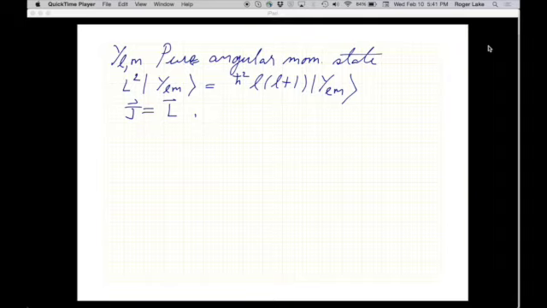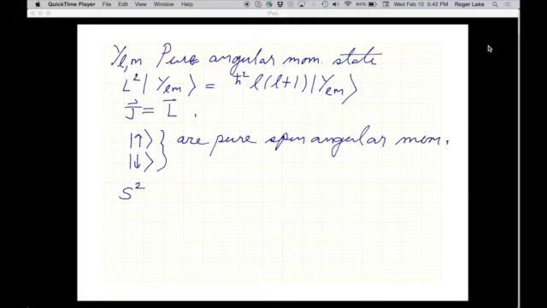The other thing we're starting from is spin. So we have up or down. And these are pure spin angular momentum states. S squared hitting the upspin just gives you h bar squared times s times s plus 1.